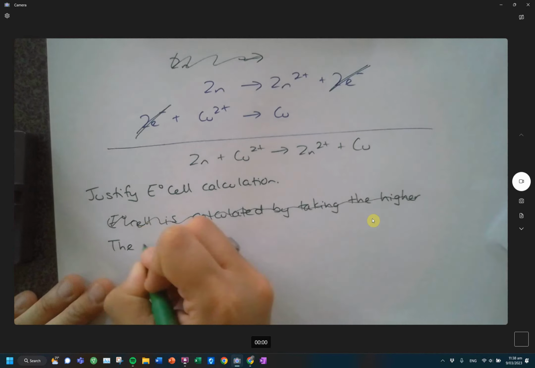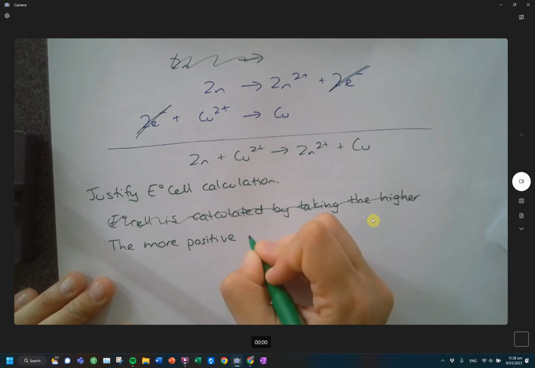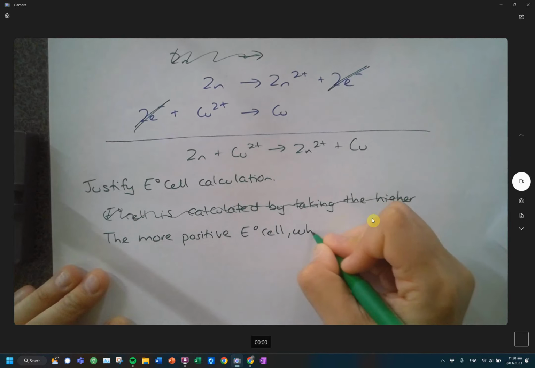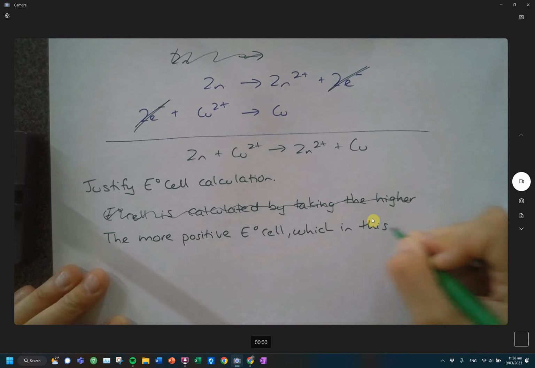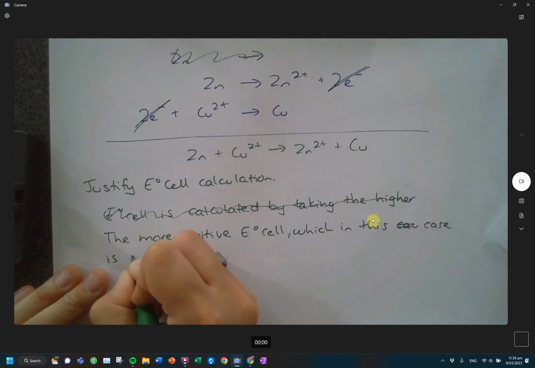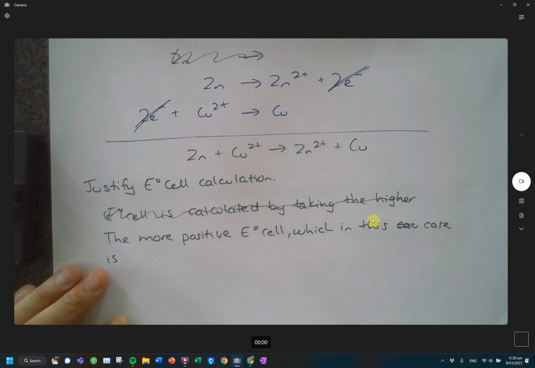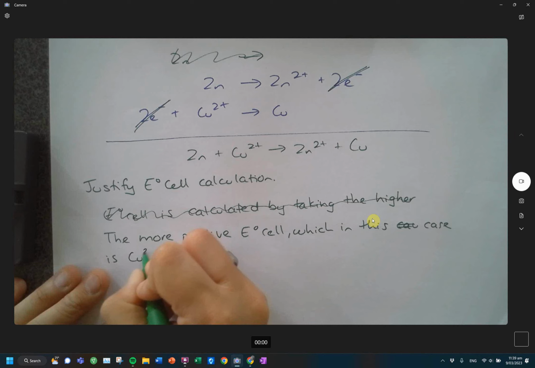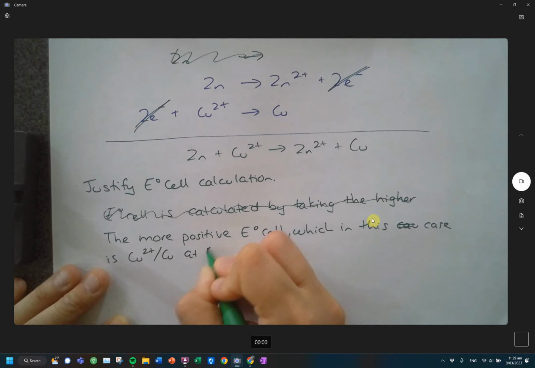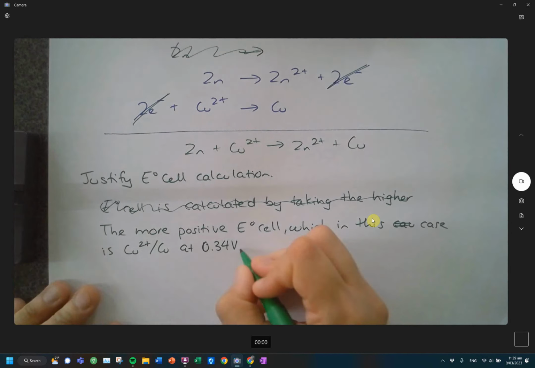Here we go. The more positive E cell, which in this case is, what do we say? Copper? Yes, copper. At 0.34 volts will be the reduction reaction.